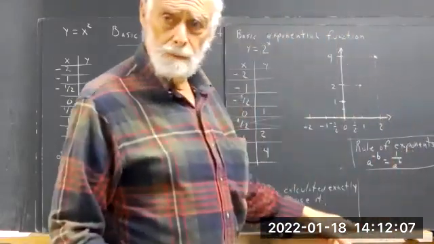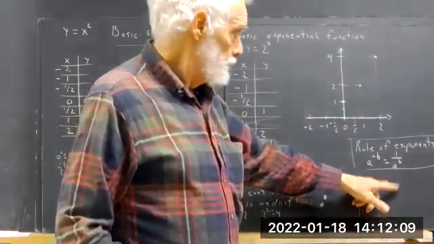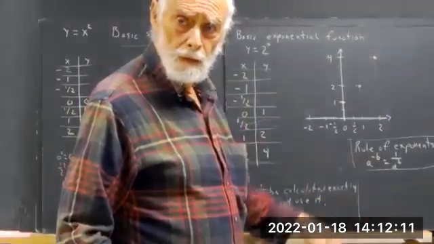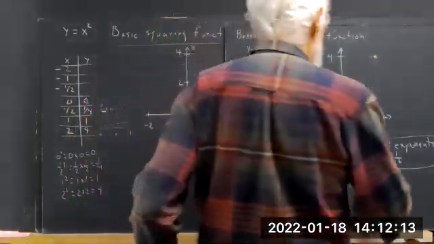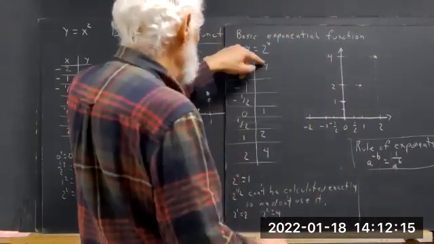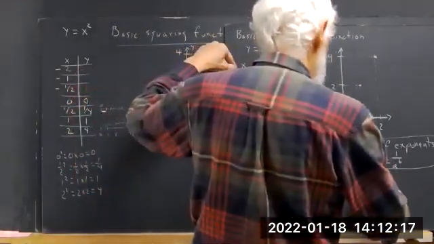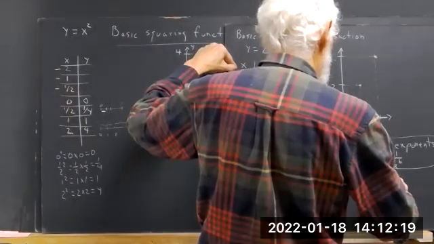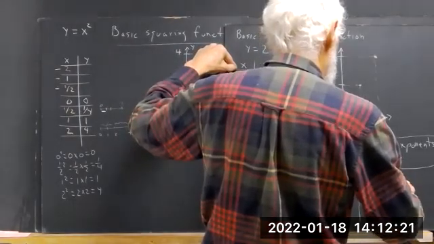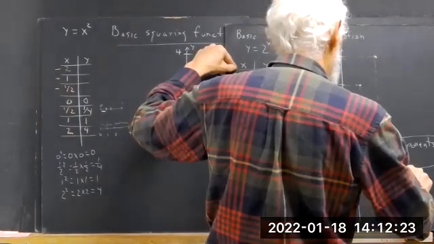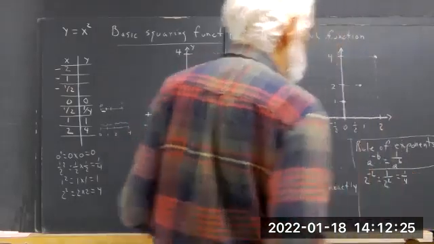Okay. So keeping that in mind, we can see that 2 to the negative 2 equals 1 over 2 squared, which is 1/4.